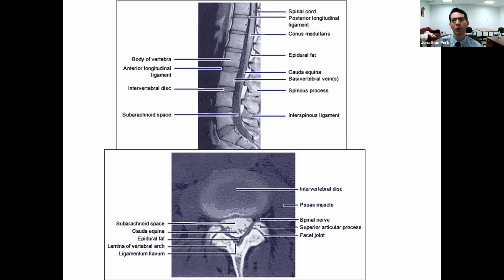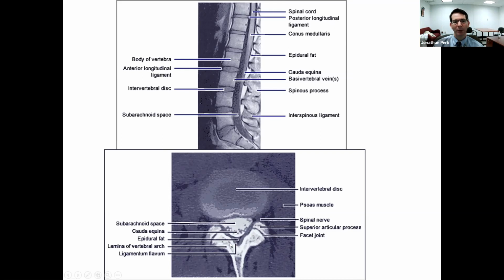But most of them will bypass. In degenerative spine disease, they'll go sideways, and that's because of the existence of the posterior longitudinal ligament.